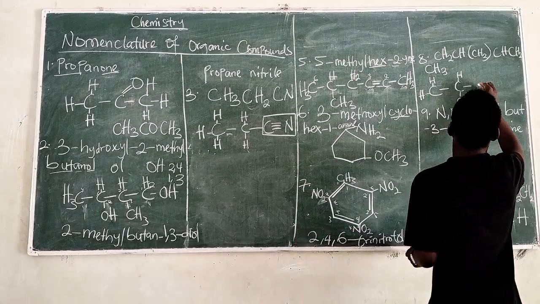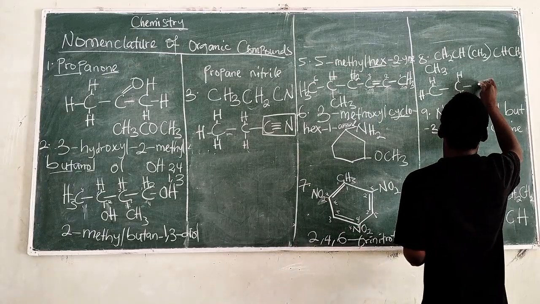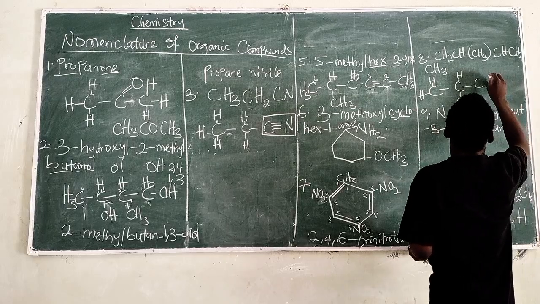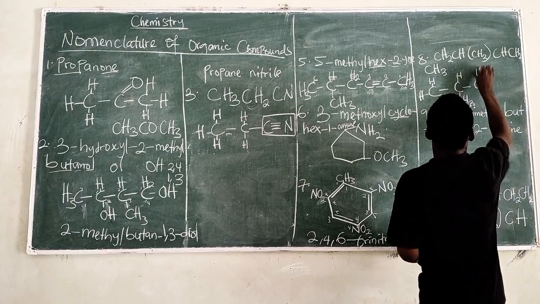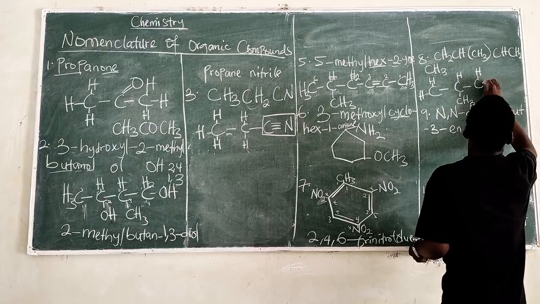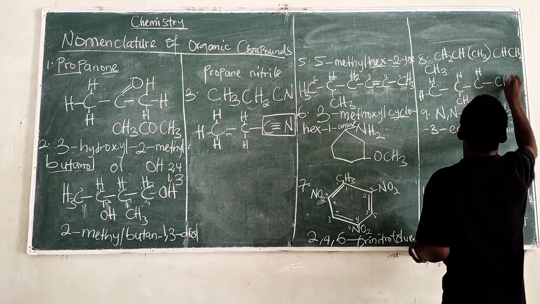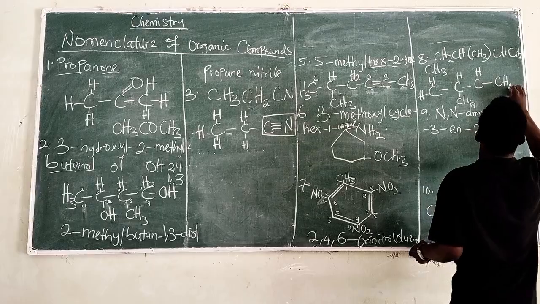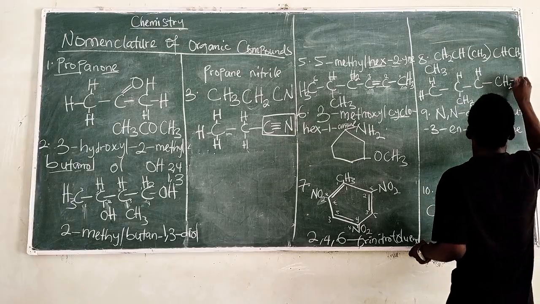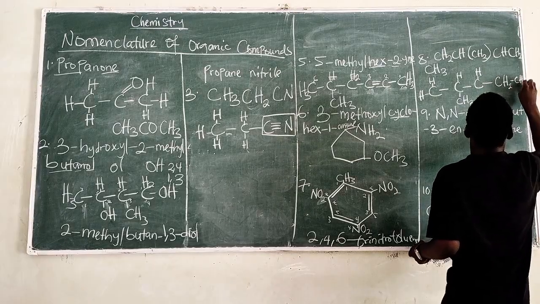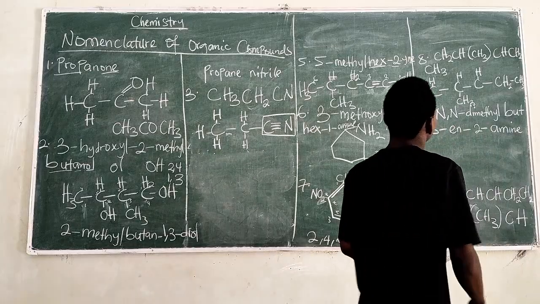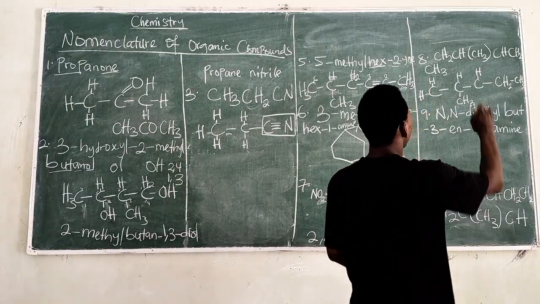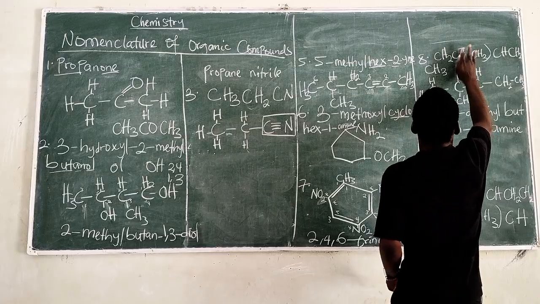This is bonding to this particular carbon bonding to 1 hydrogen and is bonding to CH2. Okay, let me write it. And is bonding to CH3. So we can see that the first carbon here is not complete. While writing, I made a mistake here.